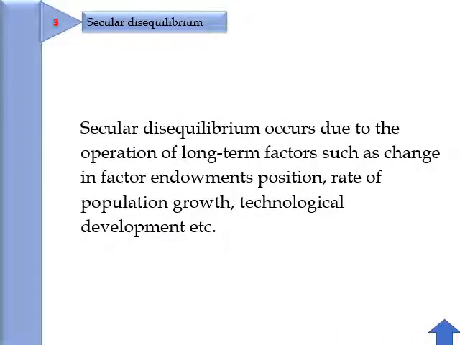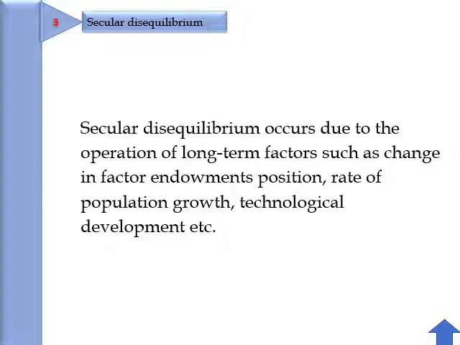Secular disequilibrium. Secular disequilibrium occurs due to the operation of long-term factors such as change in factor endowment position, rate of population growth, technological development, etc. Suppose a country experiences change in its resource composition, say a shortage of labor due to decline in population growth, then cost of production increases because of higher wages, and this leads to higher prices of goods.